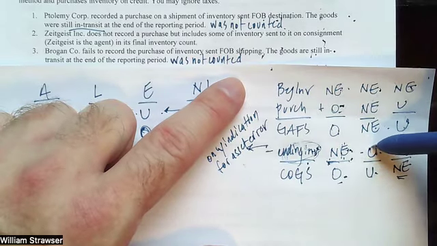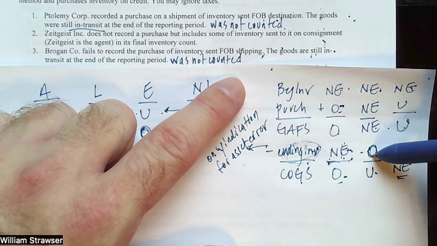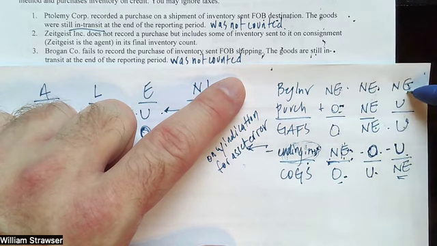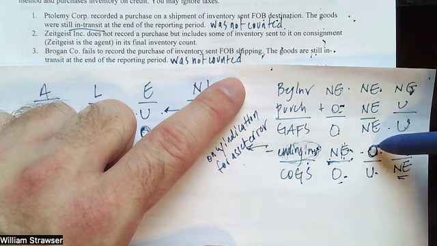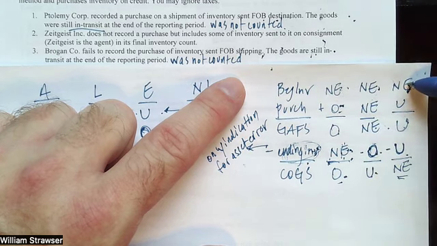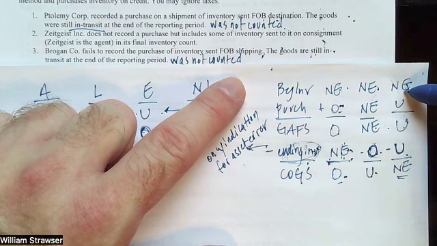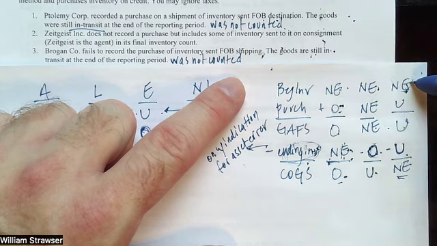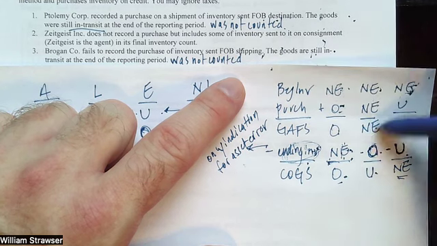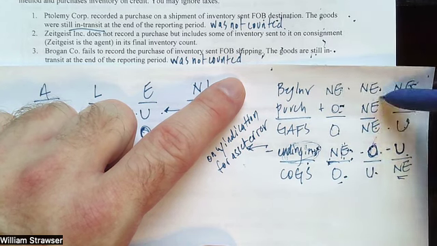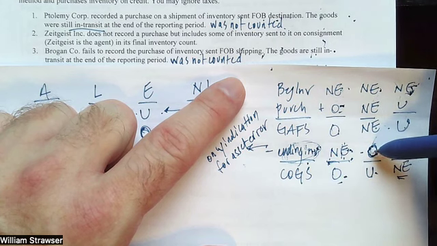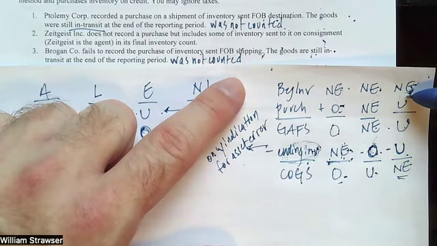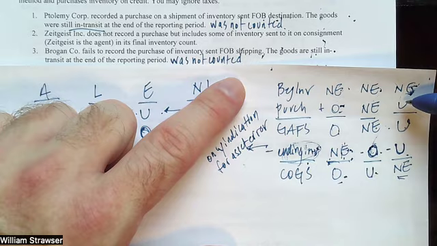However, in the second year, if we had overstated ending inventory and this was a third year for the same company, the overstatement here would still be overstated here because the ending of the prior year and the beginning of the current year are the same. So if we don't catch an error and we record our ending inventory as overstated, it's still going to be overstated the next year when we open our books again.